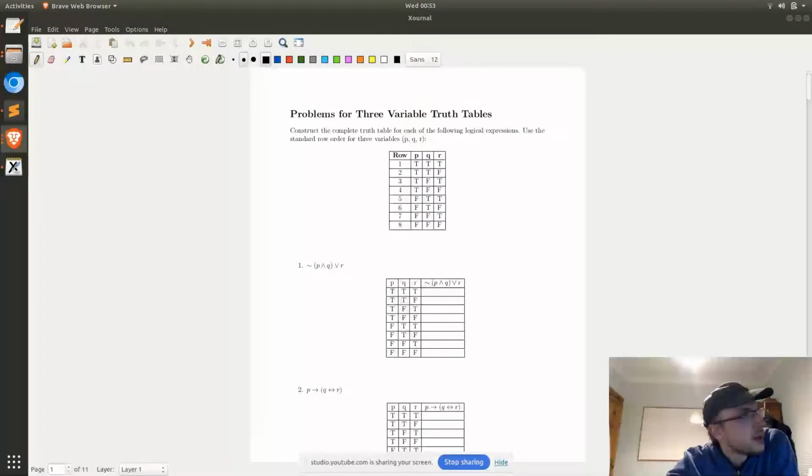Okay, just gonna solve some 3-variable truth tables before sleep. All right. Plug in the writing pad.